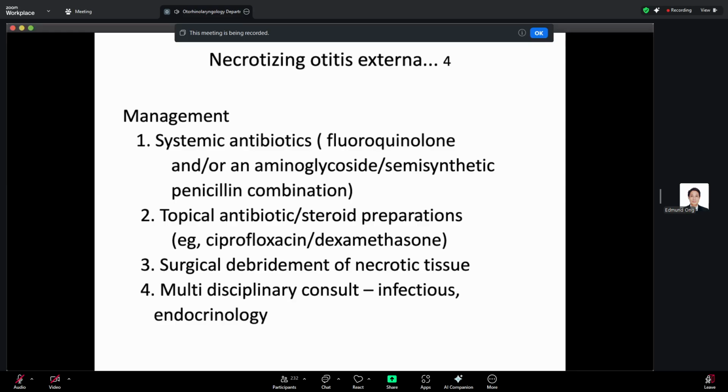Once there are necrotic tissues, you need to do surgical debridement. And of course, if the patient is immunocompromised, you may need to refer the patient to infectious disease and endocrinology consultants. Next slide.